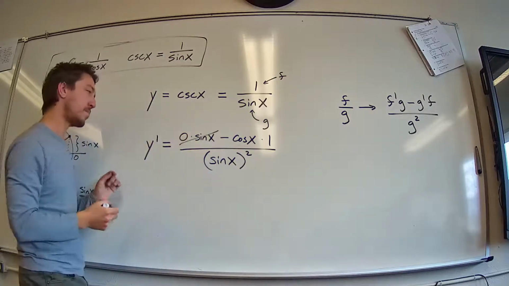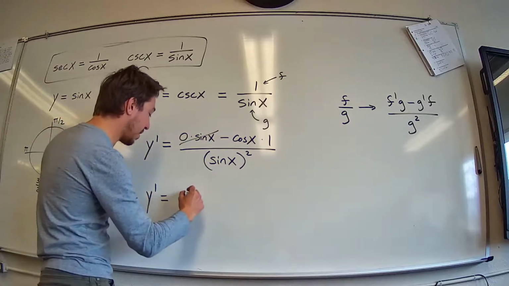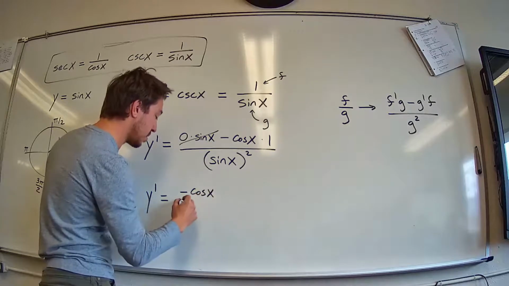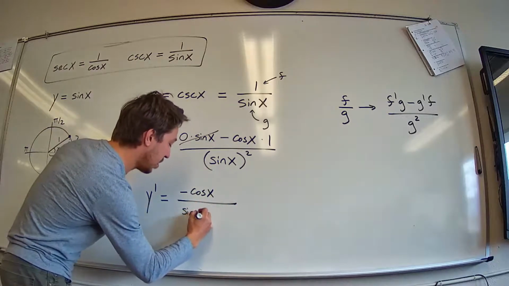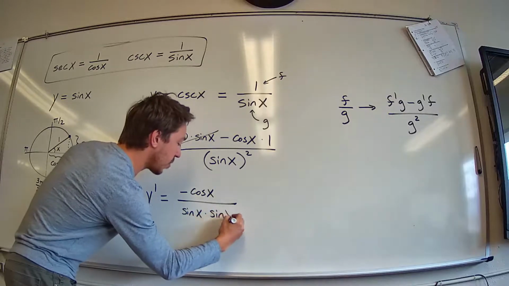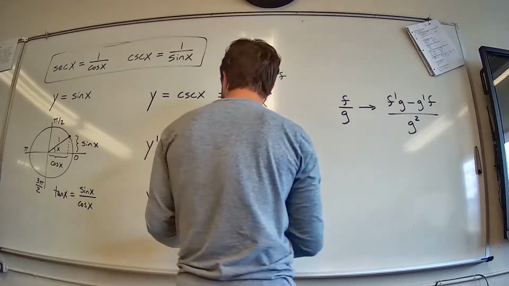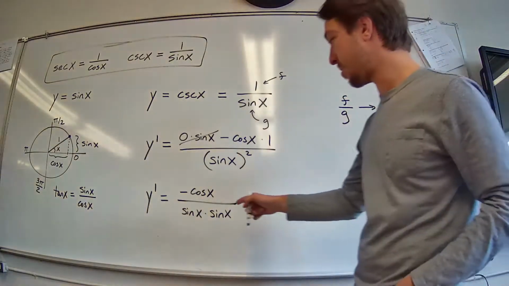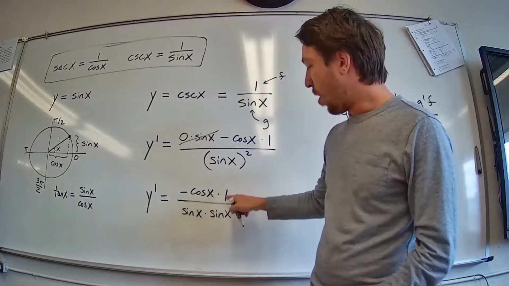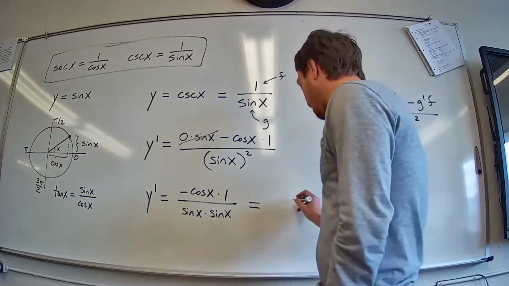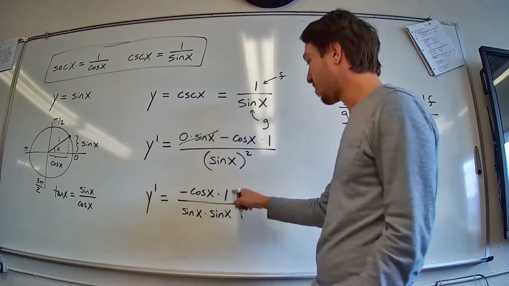Now you kind of like, oh, that's nice. This whole thing is just nothing. So what I have is negative cosine of x over sine of x squared, and I'm writing it like that because they like to write this result as 1 over sine of x, which is cosecant of x.